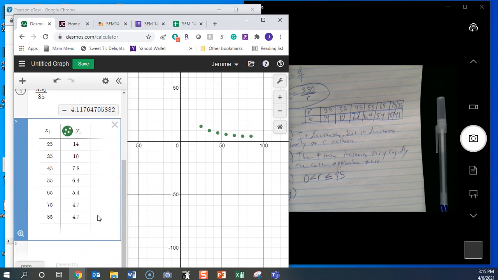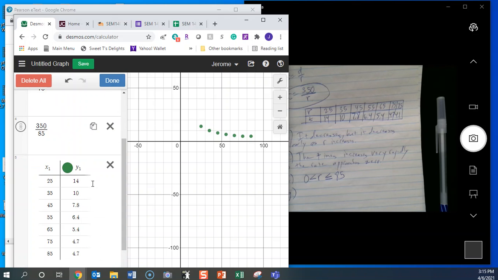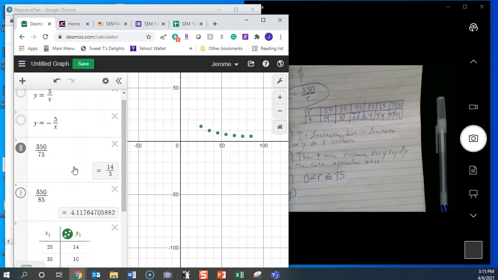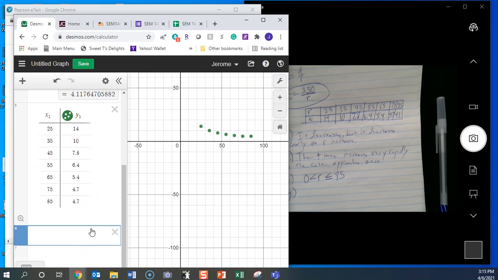If we want to see a line, there's a couple ways we could do the line. Okay, now if you look here, this looks exponential. So what we could do, we could try and see how this is exponential.